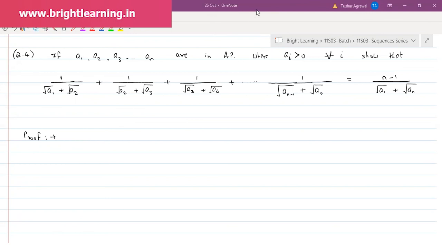Are you getting, students? Think in terms of rationalization of surds. How you rationalize the surds, that way you should think.